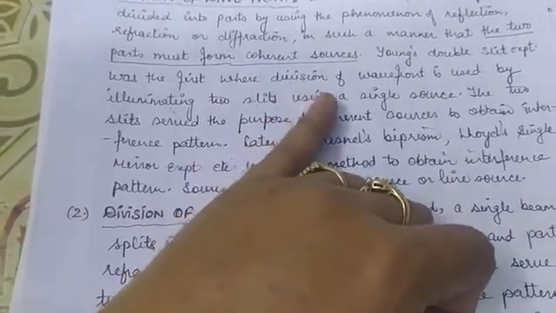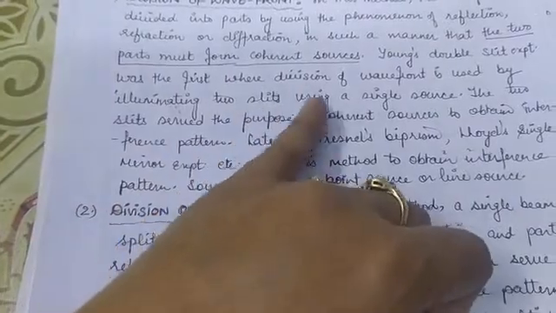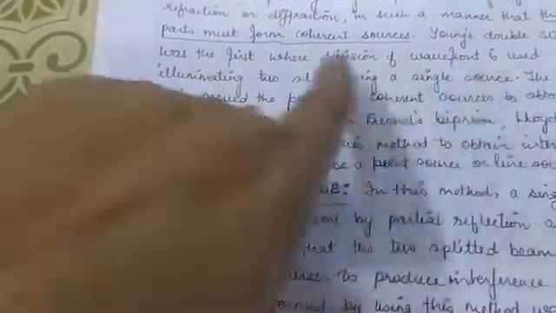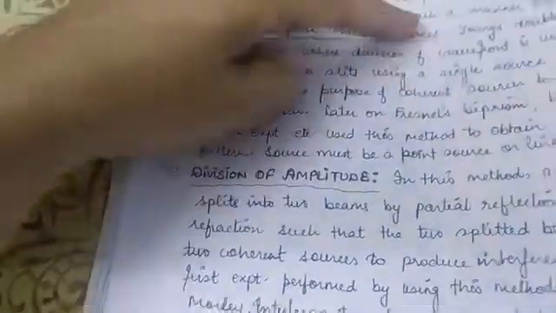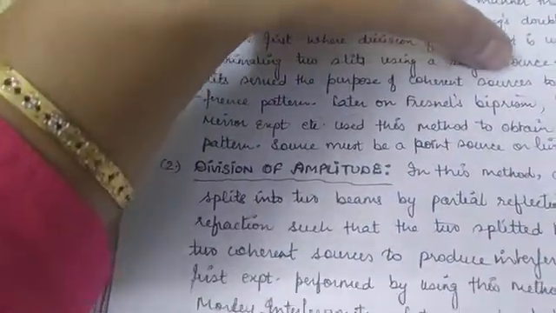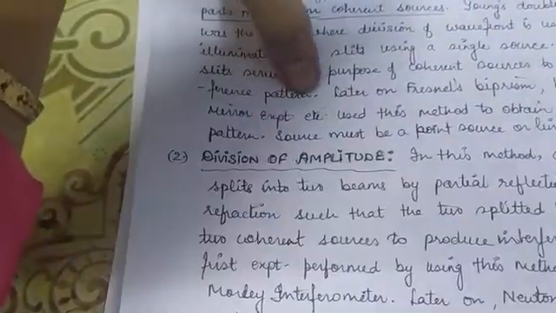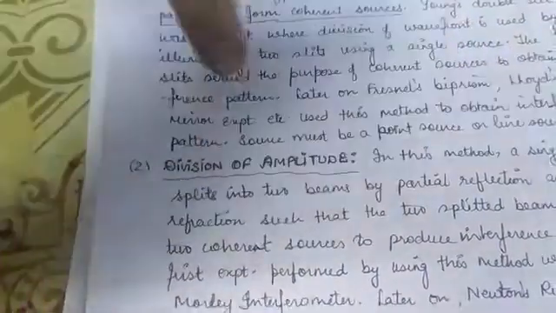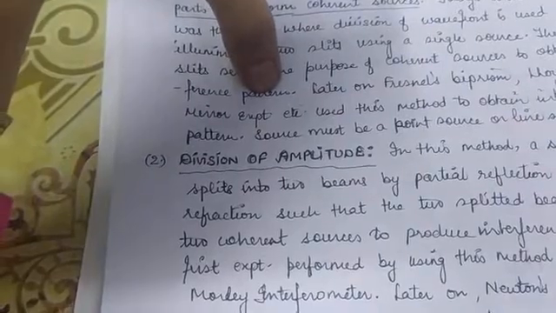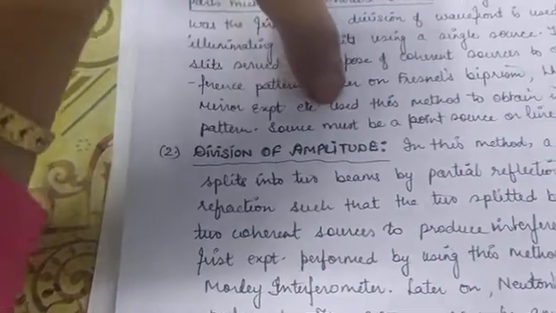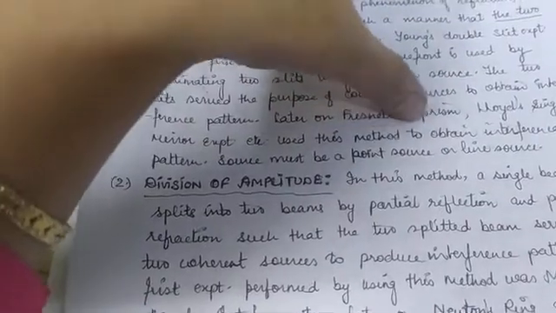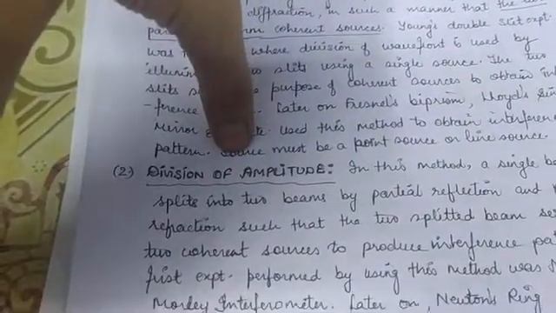So division of wavefront is used by illuminating two slits using a single source. The two slits serve as coherent sources to obtain the interference pattern. Later on, Fresnel's biprism, Lloyd's single mirror and Lloyd's pattern, etc., are used in this method to obtain interference patterns.